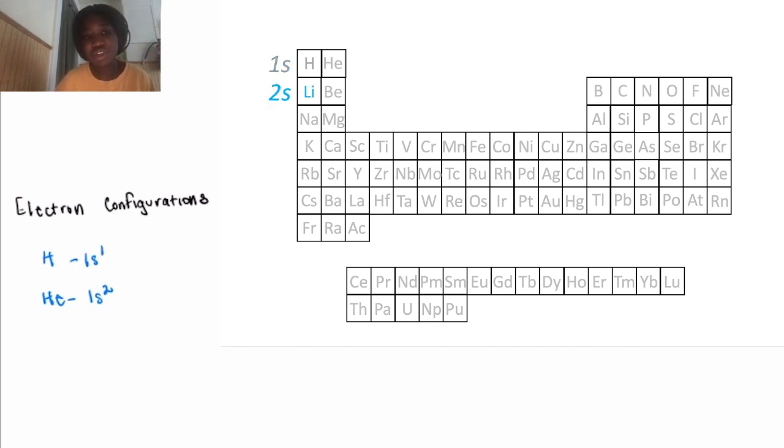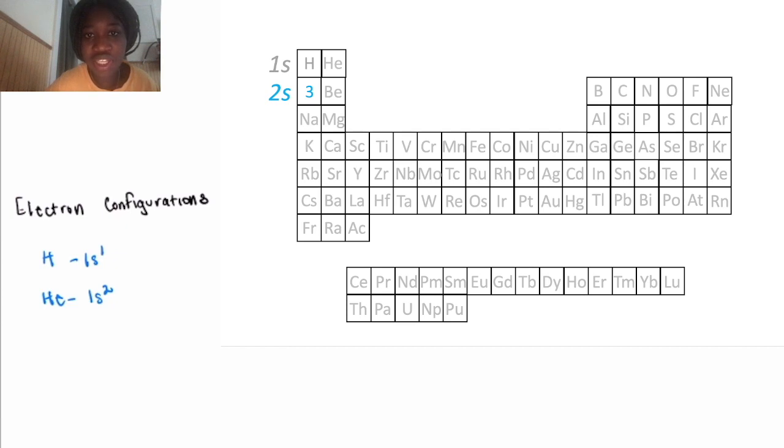And now lithium. Lithium has an atomic number of 3, but we don't write it as 1s3. As you can see, it falls in the 2s orbital.